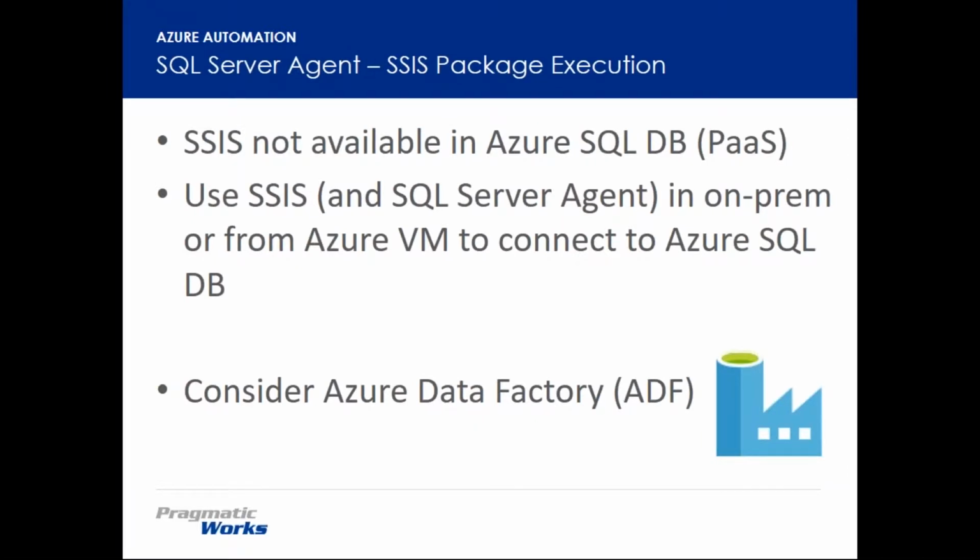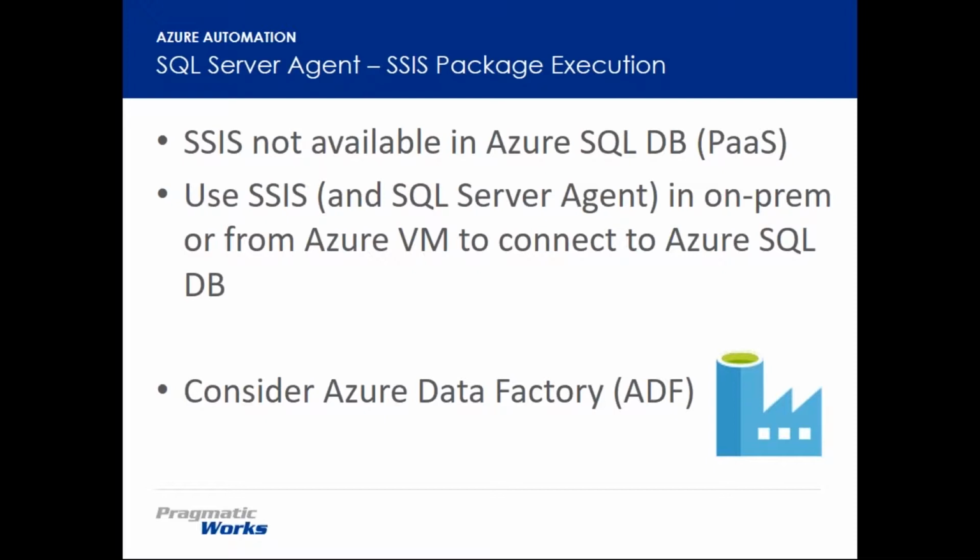We'll start with SSIS package execution. To be upfront, SSIS is not available in the platform as a service. It's just not a service that's available. I know that doesn't sound very comforting, but we should be aware that we can use SSIS to connect to Azure SQL Database, so we can read from it and load data to it with SSIS.